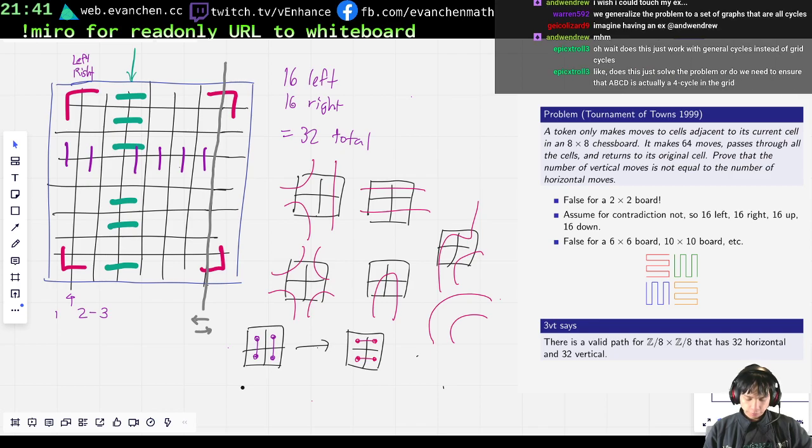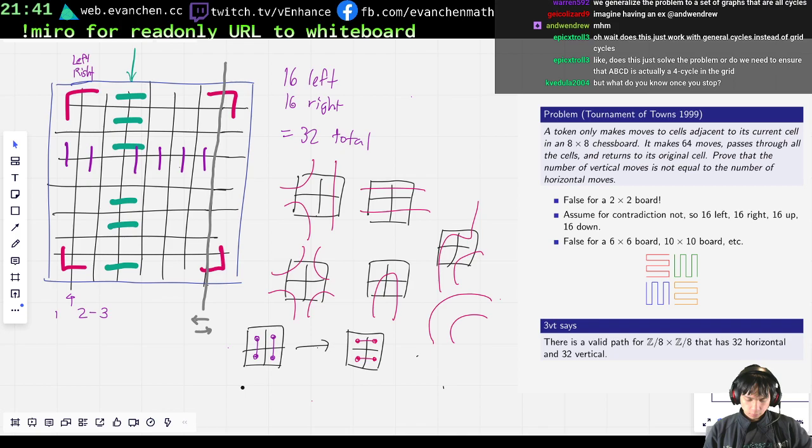Can you necessarily find such a thing? What do you know once you stop?